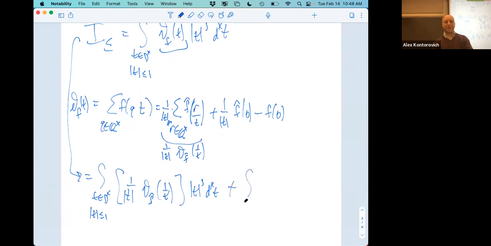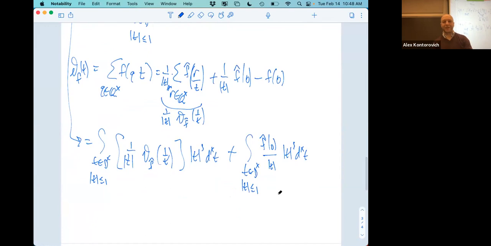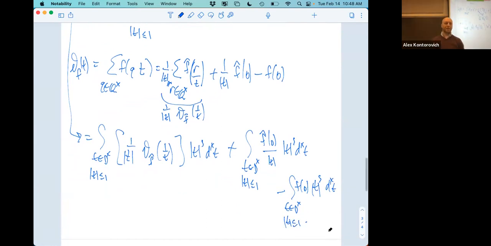So this is a plus an adelic integral over d cross, t less than 1, f hat of 0, which is just a constant, over absolute value of t times t to the s, d cross t, and then one last term, which is f of 0. I guess this is a minus sign, f of 0, t to the s, d cross t, over t less than 1. Okay, who's lost?